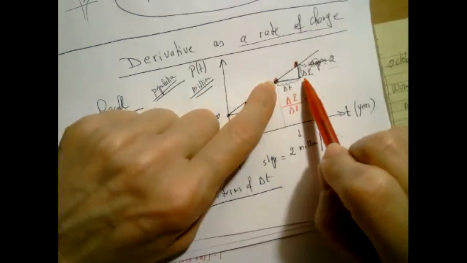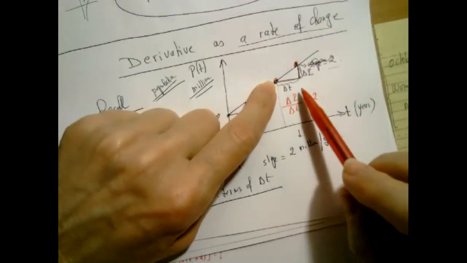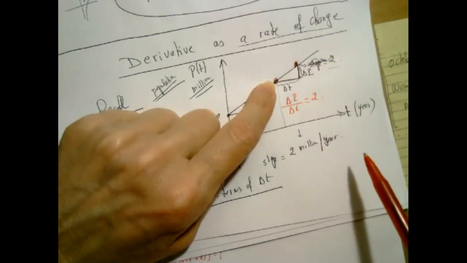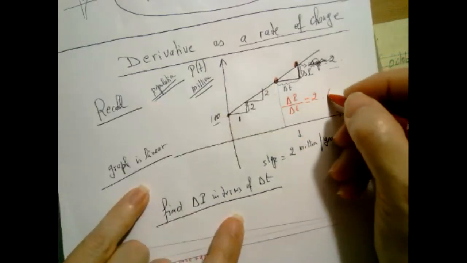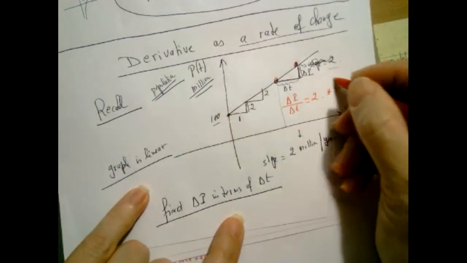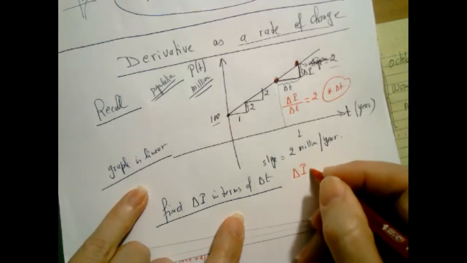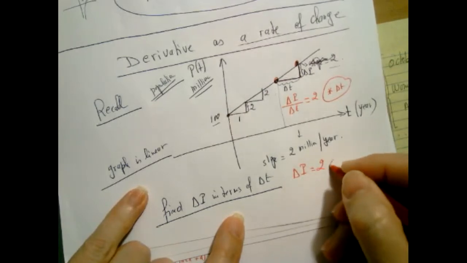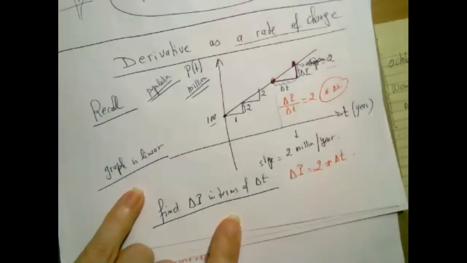The ratio between the population change and the time change is equal to 2. So if I multiply both sides by delta t, the change in population is always equal to 2 times the change in time.